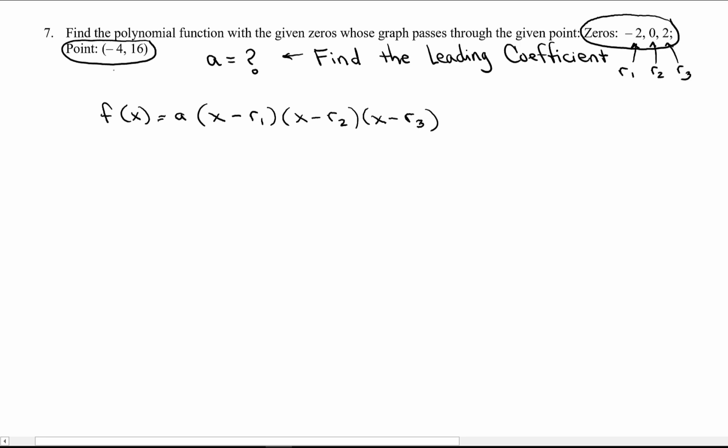Our r sub 1, our r sub 2, our r sub 3, we know what those are. And the x and the f of x, we know what those are too. So we're just going to do a bunch of straight substitution. It's going to be 16 equals a times (-4 minus -2) times (-4 minus 0) times (-4 minus 2).